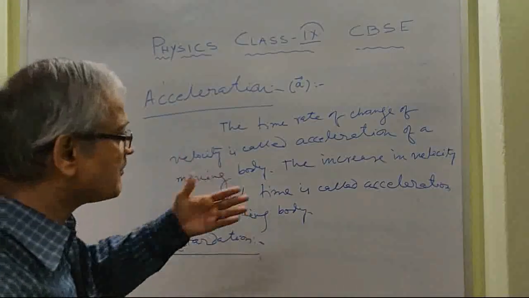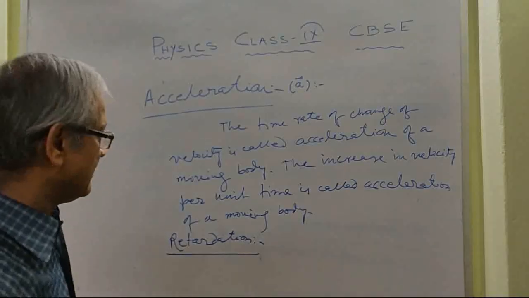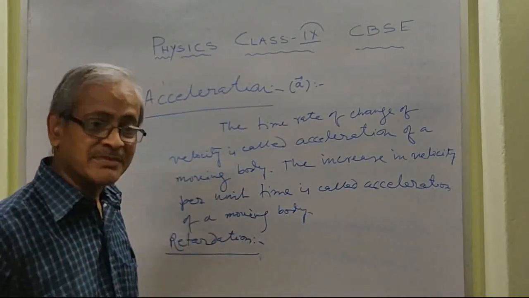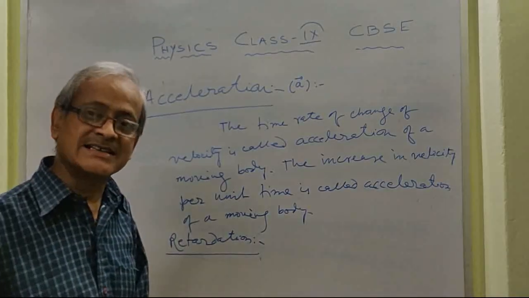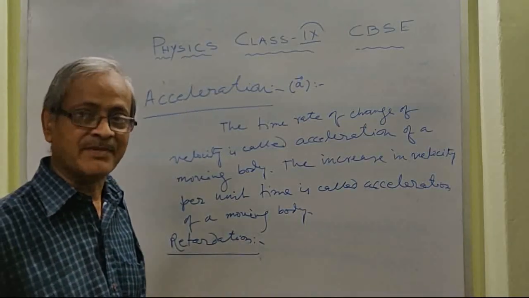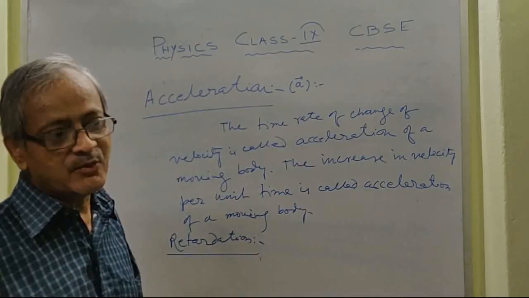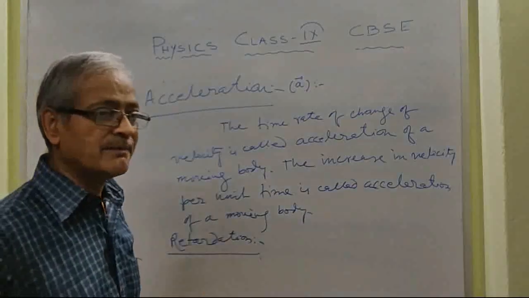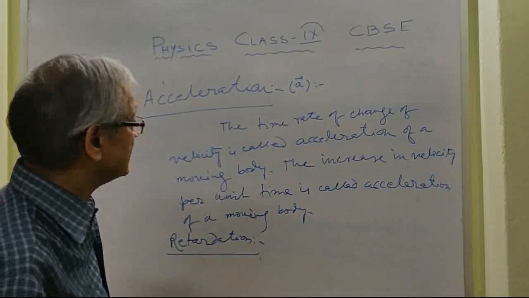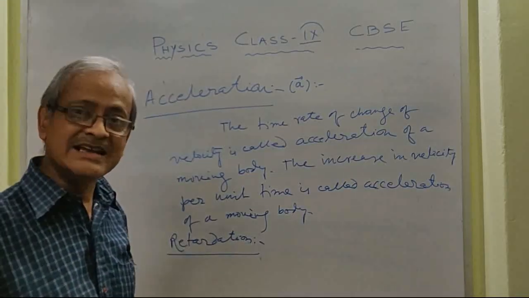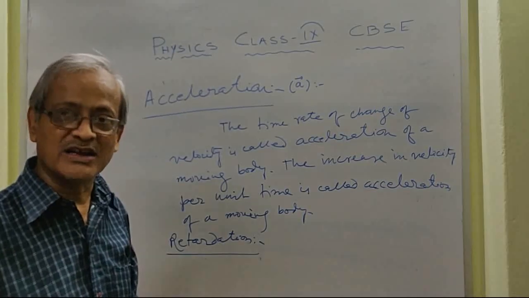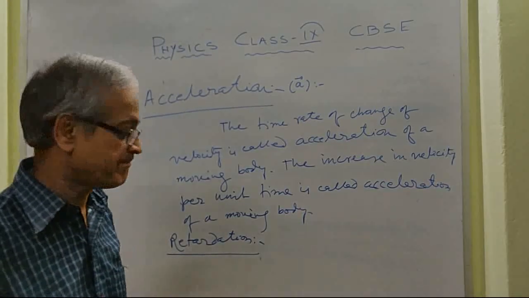That is just opposite to the acceleration. Hence, if acceleration is positive, then retardation is negative. And if retardation is positive, then acceleration will be negative. For example, if a body moves along east side with acceleration, then it has a retardation in the west direction.